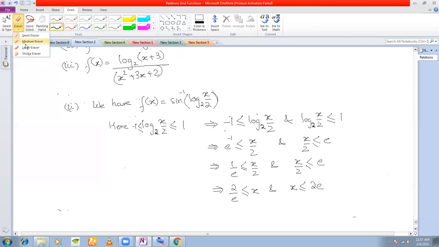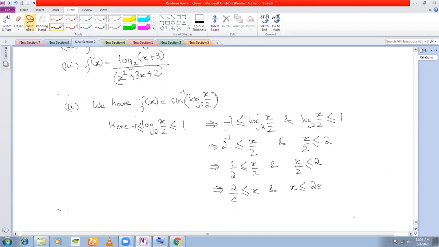So this becomes, instead of e to the power of minus 1, from the definition of log, 2 to the power of minus 1 must be less than or equal to x by 2, and x by 2 must be less than or equal to 2 to the power of 1. So that means instead of 1 by e, you must have half is less than or equal to x by 2, and here you have x by 2 is less than or equal to 2.